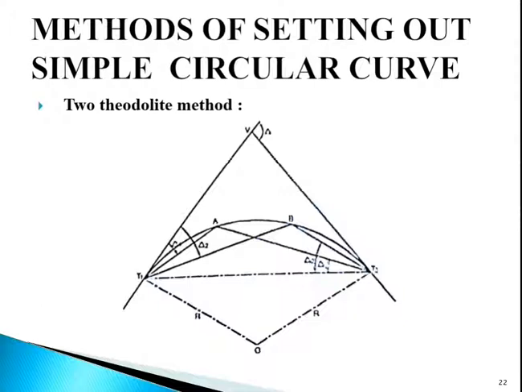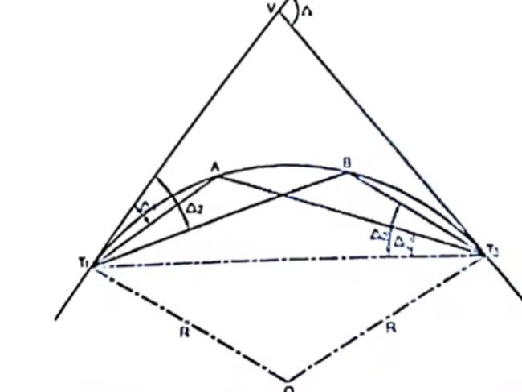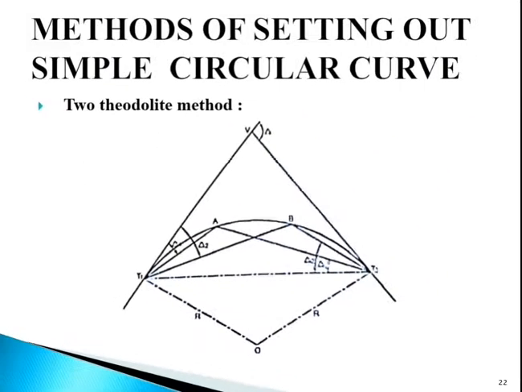Next is the two theodolite method. Let T1 and T2 be the point of curvature and point of tangency, V is the point of intersection, and O is the center of the circular curve.